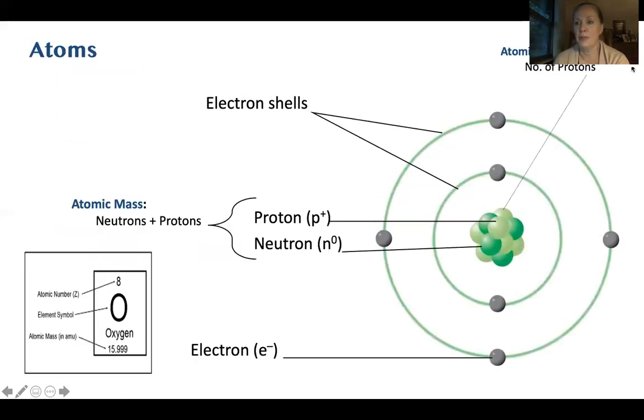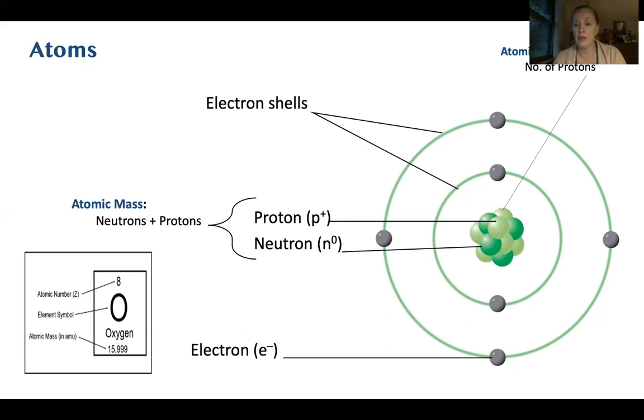Okay, here's a good representation of our atom, once again using the form that we know very well, that we just saw in the last picture. We have our protons represented by the light green particles in the nucleus, and those are positively charged. We have our neutrons represented by the dark green particles in the nucleus, and those bear no charge whatsoever.